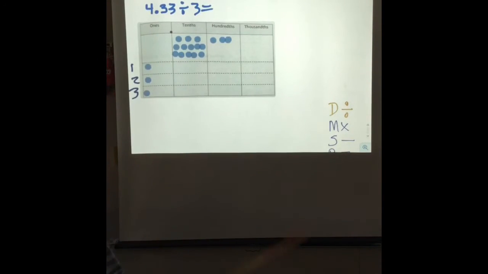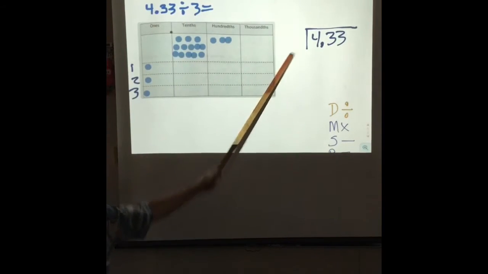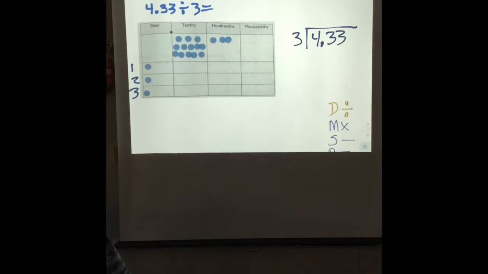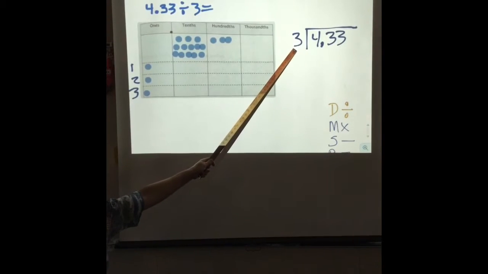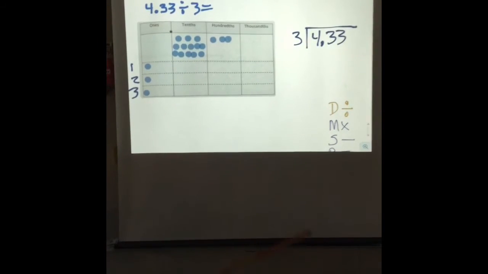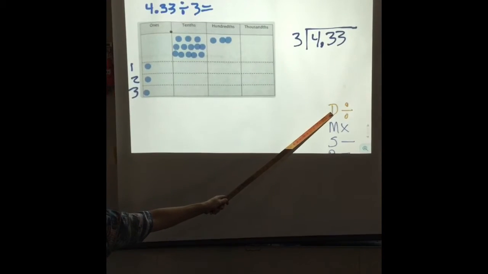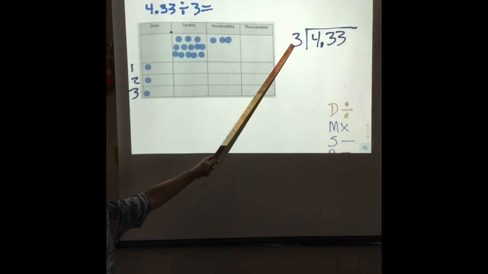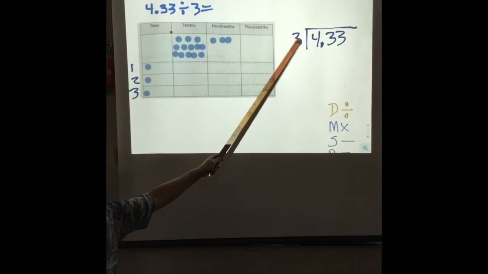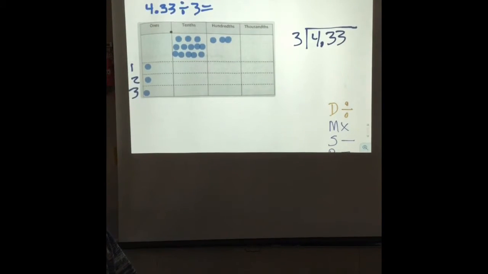So my first number goes on the inside of the house, so that'd be 4.33, right? And I'm dividing it by 3 people or 3 groups. That's why the 3's out here. Now I'm going to say, my daddy divide question would be, how many times does 3 go into 4?